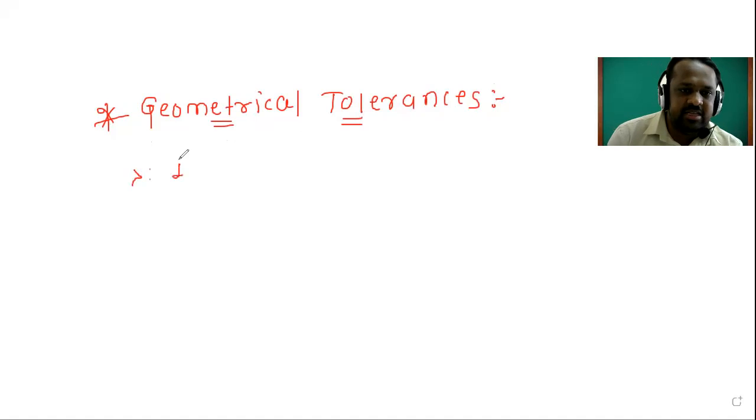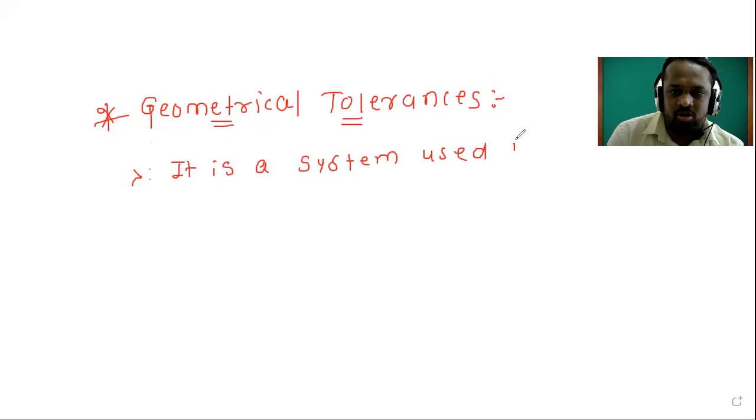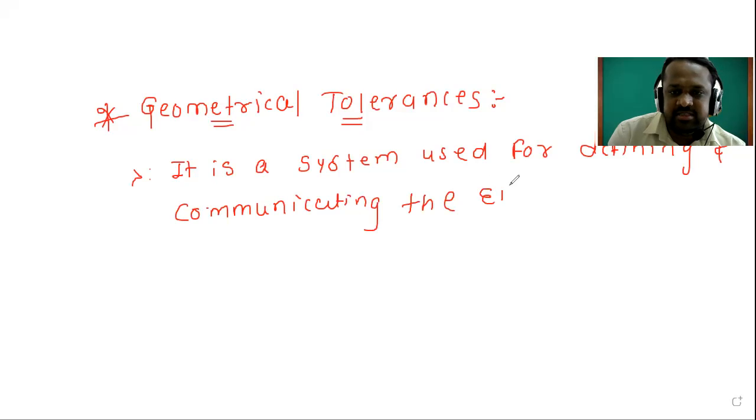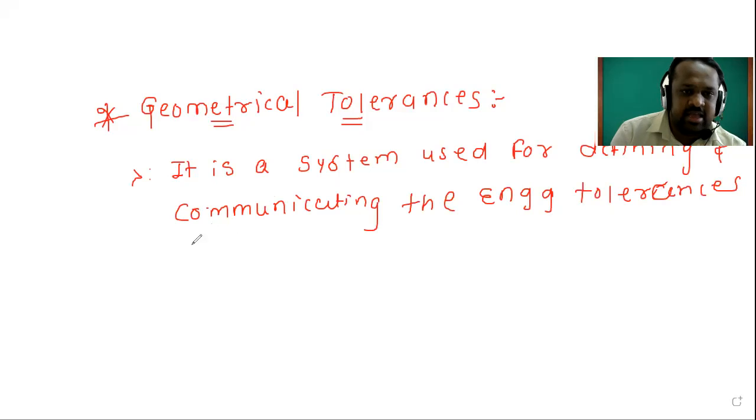Geometrical tolerance is a system, and that system is used for defining and communicating the engineering tolerances and the relationship.